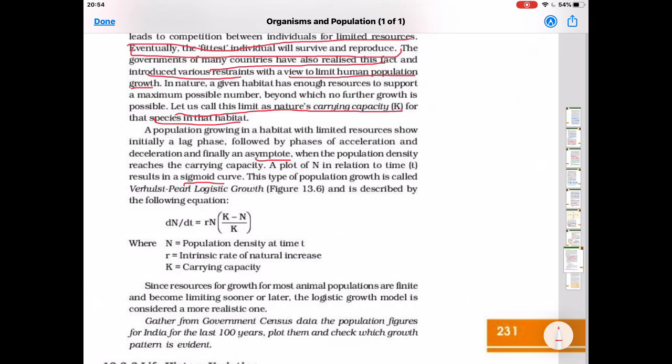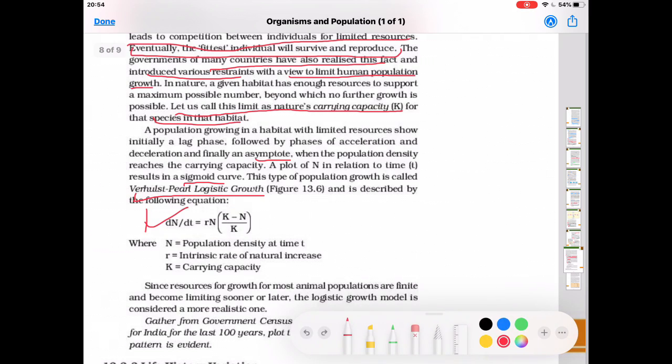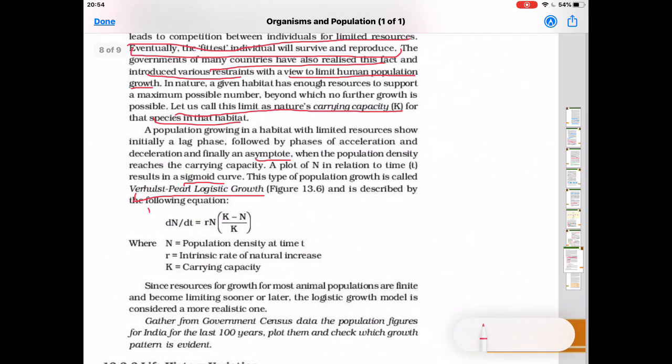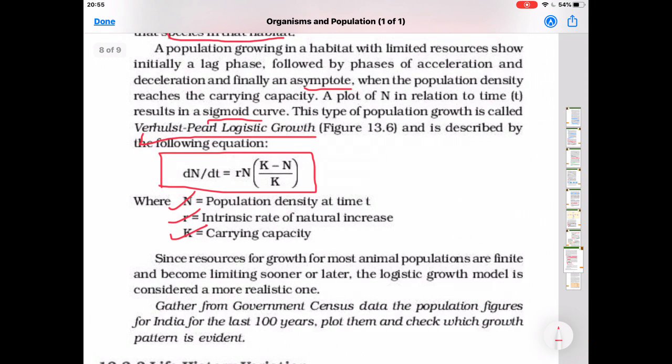This type of population growth is called Verhulst-Pearl logistic growth. Learn this name, and it is described by the following equation: dN upon dt is equal to rN into (K minus N) upon K, where N is the population density at time t, r is the intrinsic rate of natural increase, K is the carrying capacity.